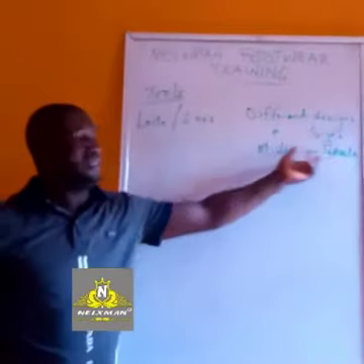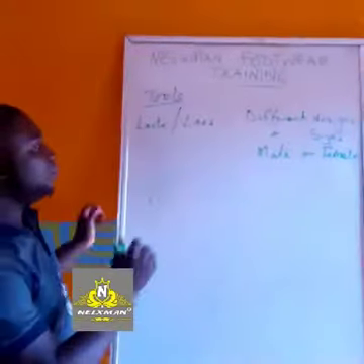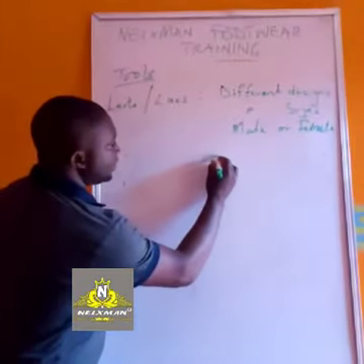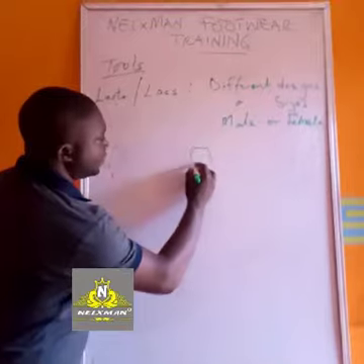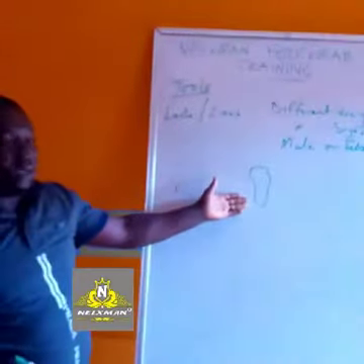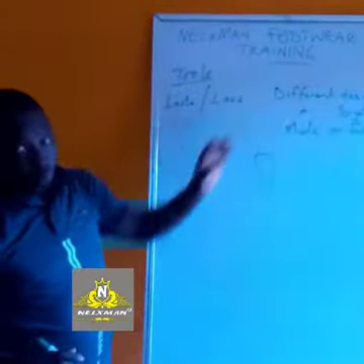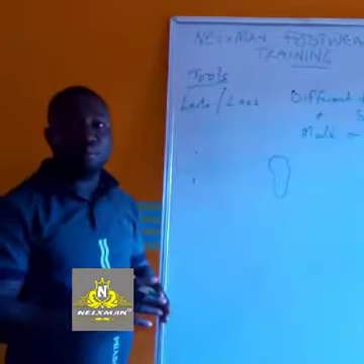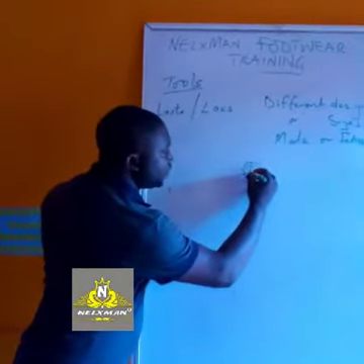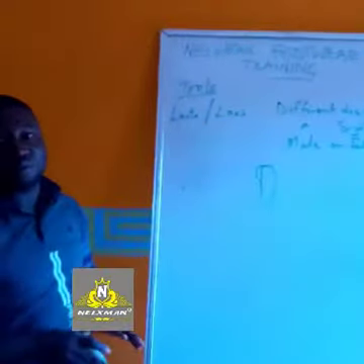The male last is different from the female last, because if you notice, the male leg is kind of broad like this. A man's leg is always broad at the front. Meanwhile, we have some men's leg that can be kind of streamlined. That is, it's going to be slim like that of a female.